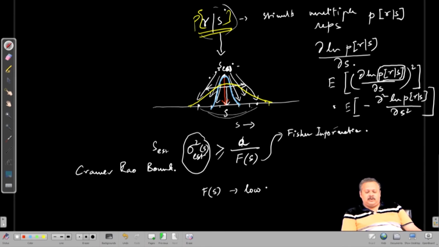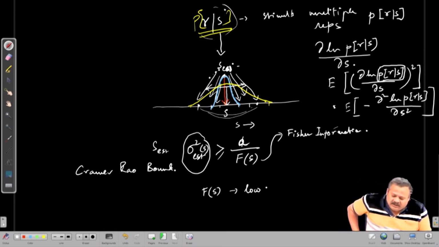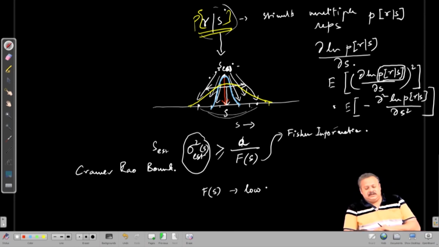So with low Fisher information, the best possible scenario is going to be poorer than the case where the Fisher information is high. If the Fisher information is high, then the minimum variance of an unbiased estimator, this sigma square estimate, that can be reached is much lower than in the case where the Fisher information is low.